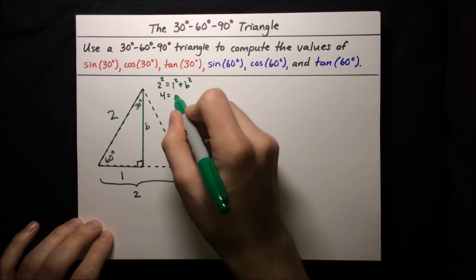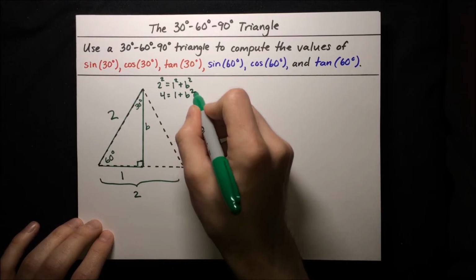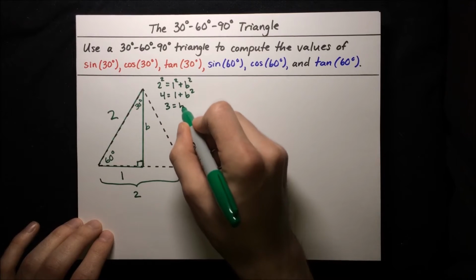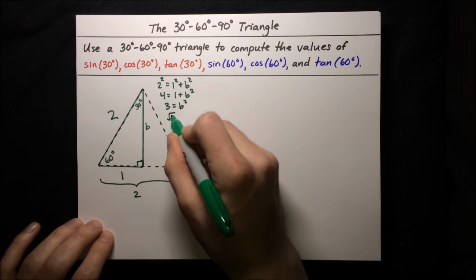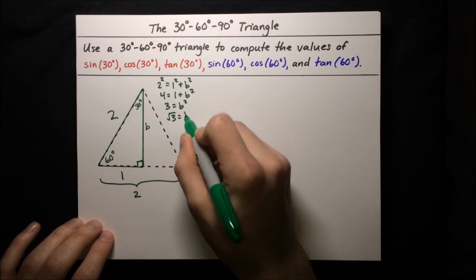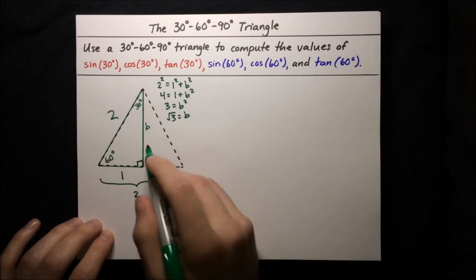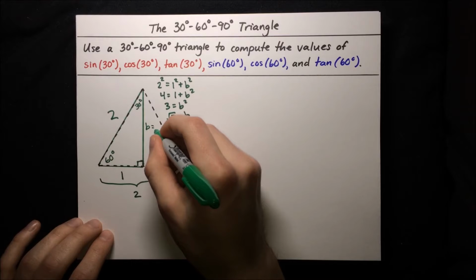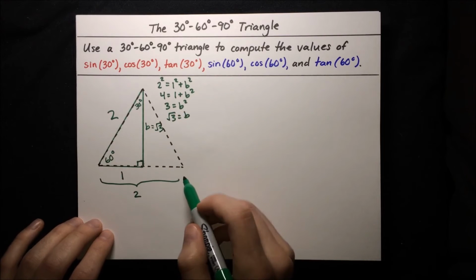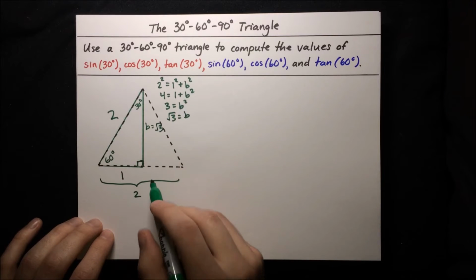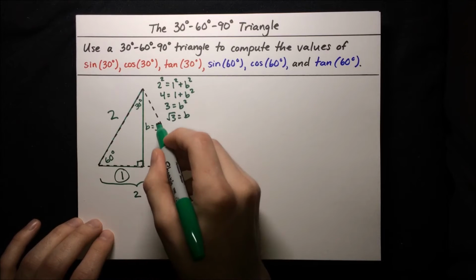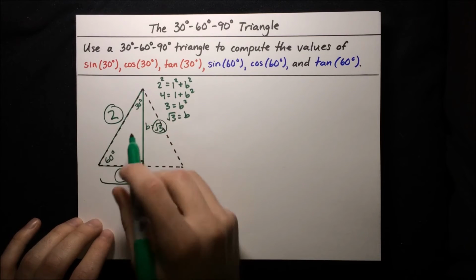So 4 equals 1 plus B squared, 3 equals B squared, and then root of 3 is equal to B. Positive root of 3 because we want a physical quantity here. So B equals root 3. And here we go. We've got our side lengths here. We've got 1, root 3, and 2.